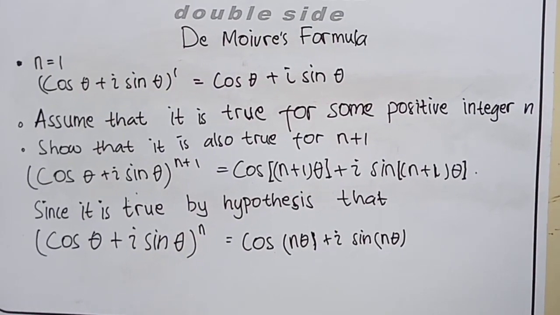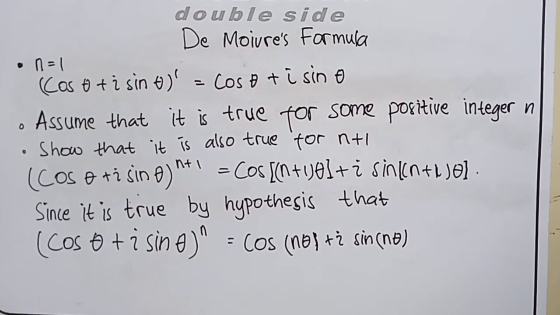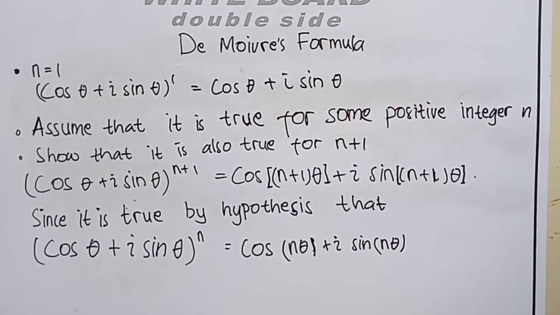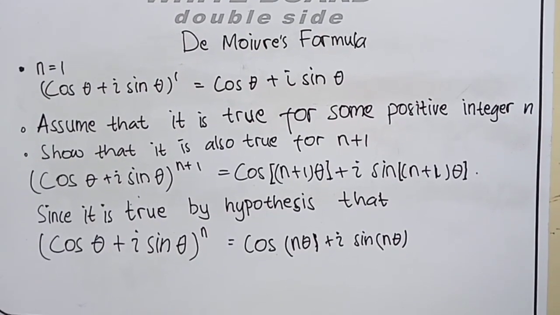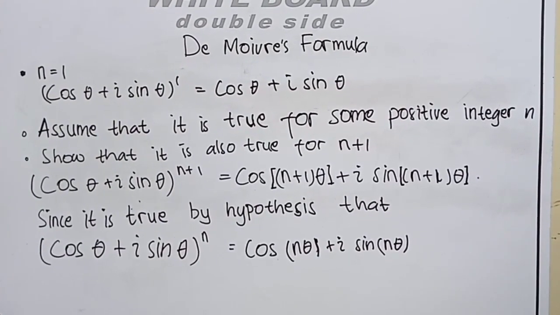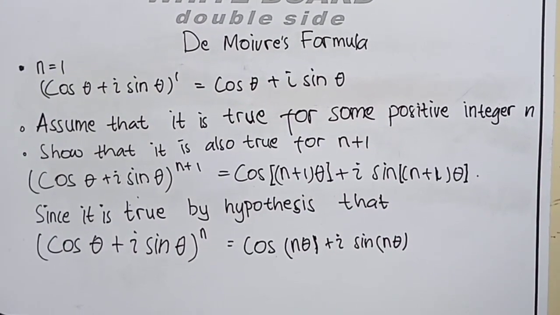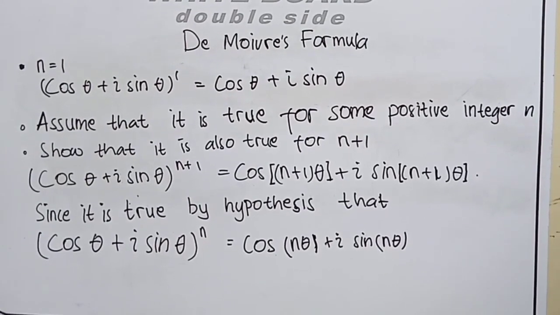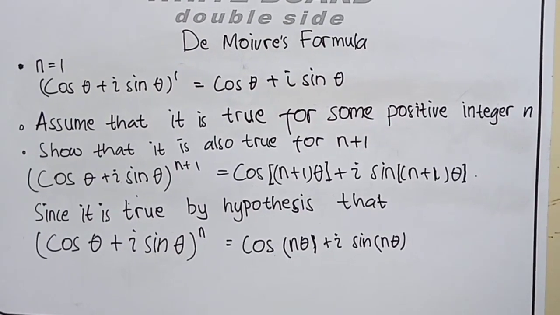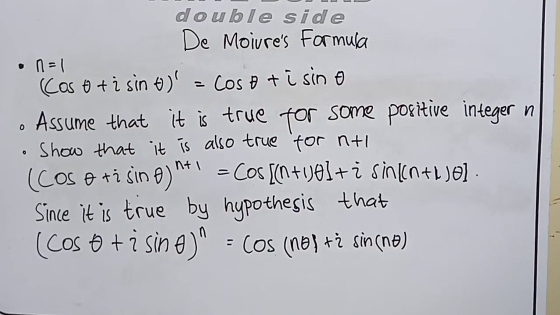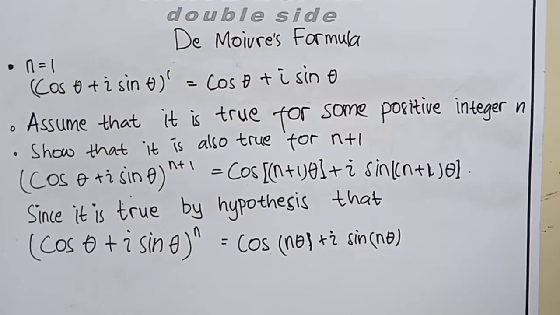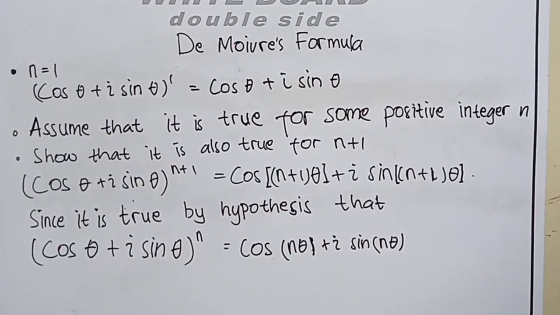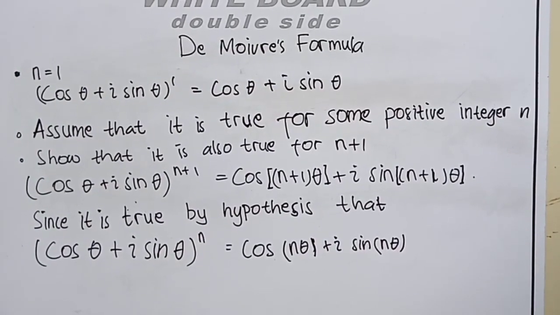First, for n equal to 1, it's true, where cosine theta plus i sine theta to the power of 1 is equal to cosine theta plus i sine theta. And then assume that it's true for some positive integer n. Then we must show that it's also true for n plus 1.